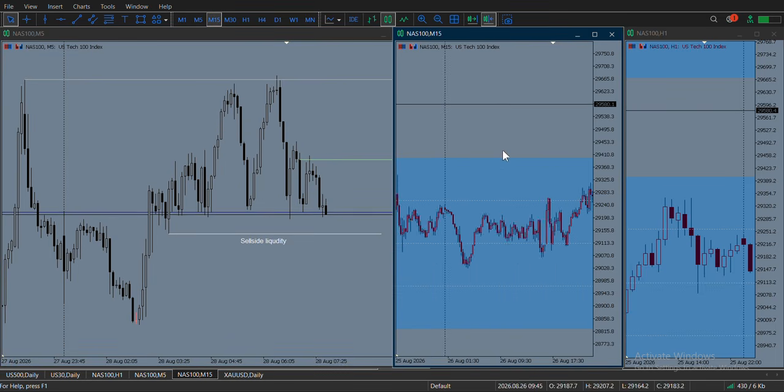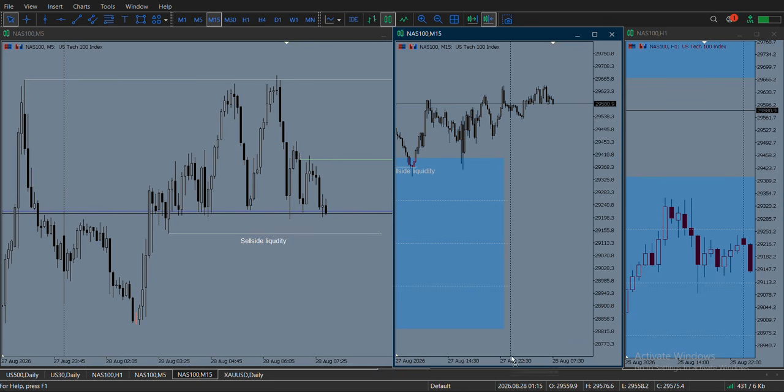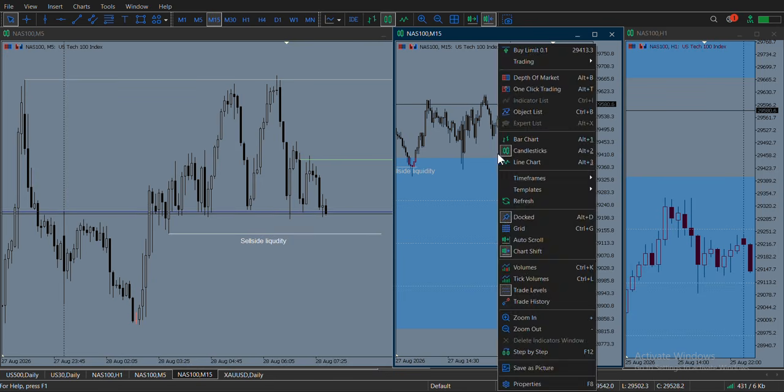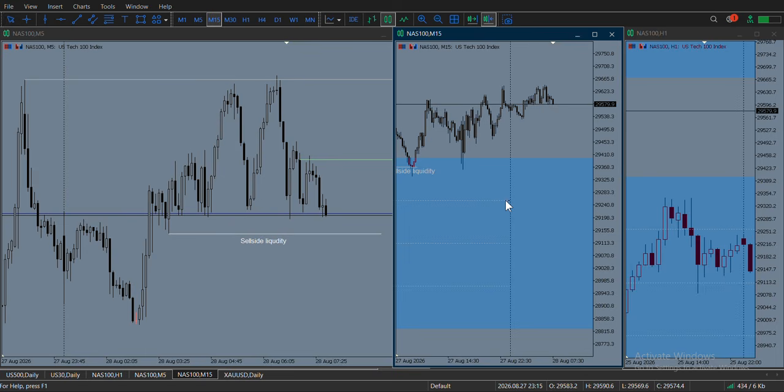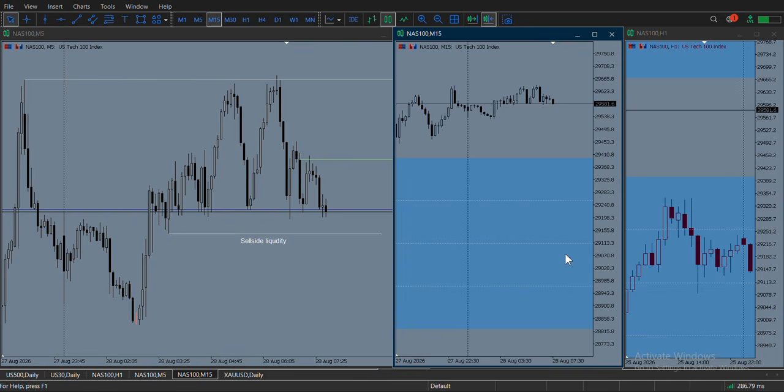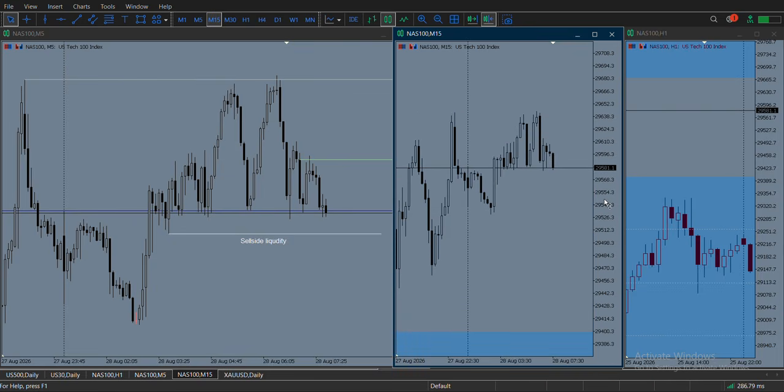So compressing it out, here you can see the 15-minute. I wanted to extend this here to around 30th, and this quadrant also. I'm still setting up my chart. I'm gonna extend this a little bit like that, and then there we go.